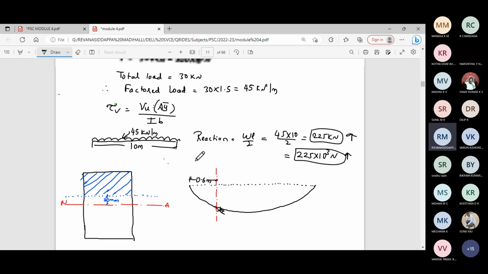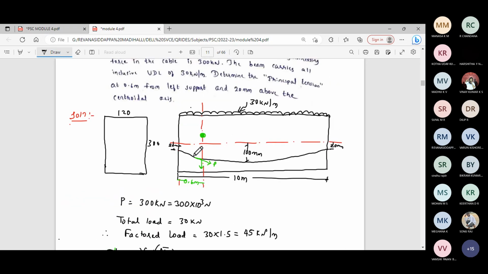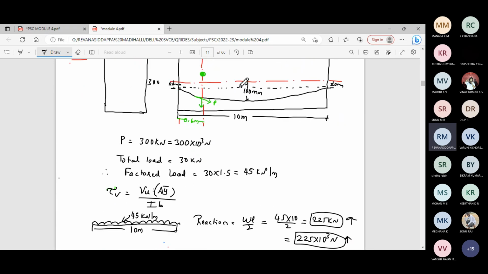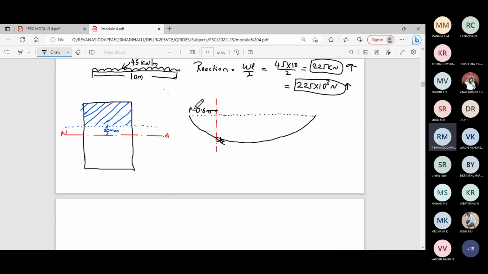See, the end of the cable is at a distance of 20 mm from the neutral axis. I'll draw the neutral axis also here at the top.